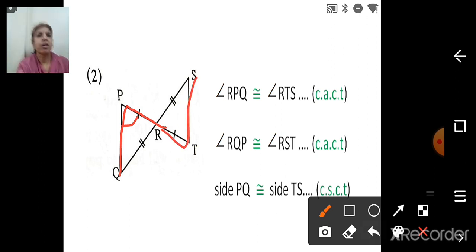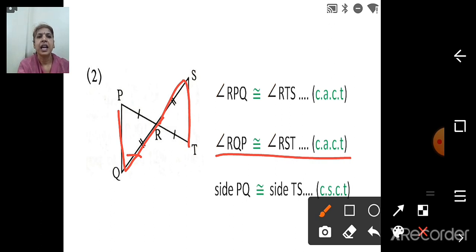Angle RPQ congruent to angle RTS, and the reason is CACT, corresponding angles of congruent triangles. Next angle is RQP congruent to angle RST, and the reason is CACT.